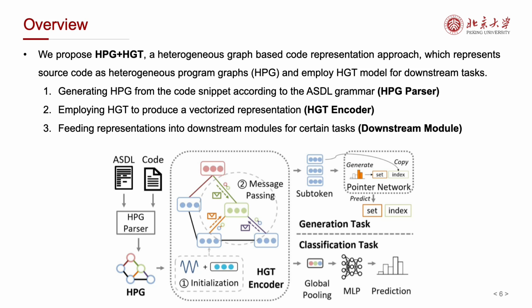In step 2, we employ the heterogeneous graph transformer to produce a vectorized representation. By applying HGT on our proposed heterogeneous program graph, the encoder is capable of generating accurate and delicate representations for programs. Finally, we feed the representations into downstream modules for certain tasks.